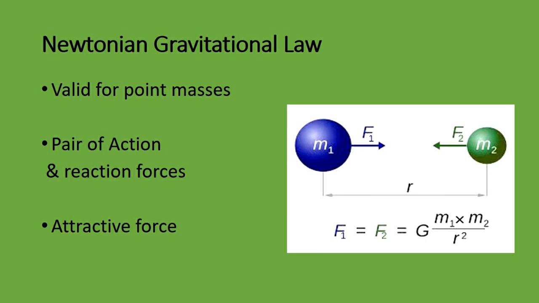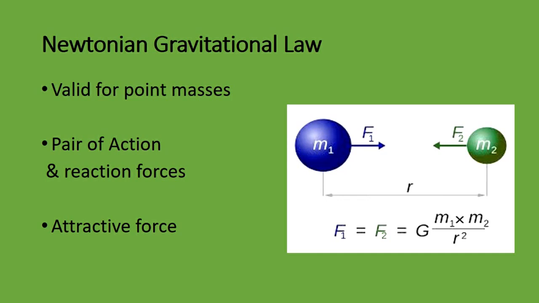So the first comment you should note is that this expression originally is valid for point masses. That's for small size masses. Second thing, there are really two forces in the equation: action and reaction forces.